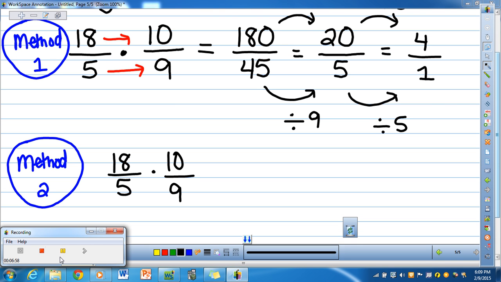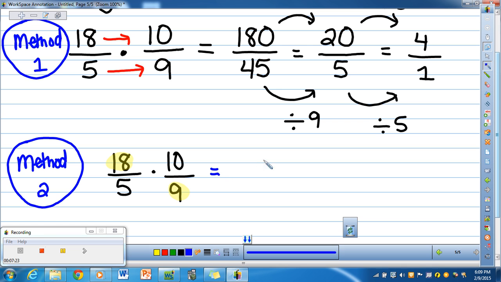Now I want to show you an alternate approach. We'll call this method 2 for solving the same problem. We can actually simplify some numbers in this problem before we multiply across. Looking at the 18 and the 9, notice how we have a common factor of 9.